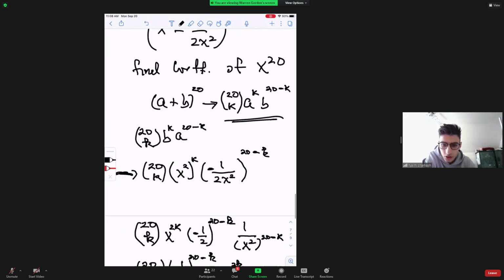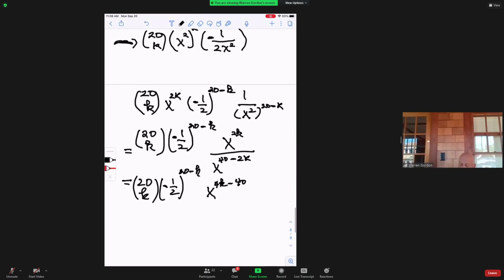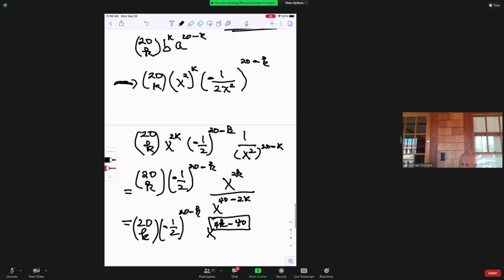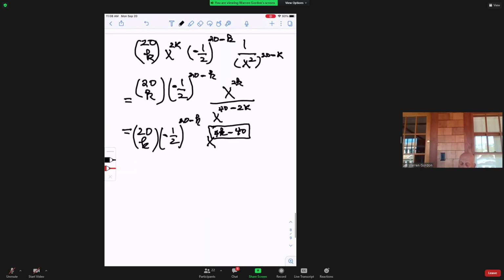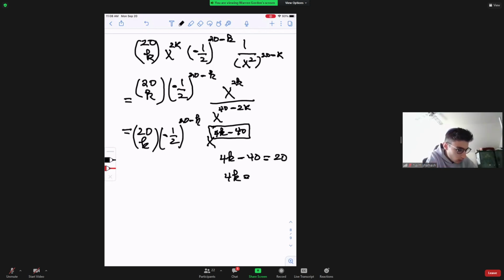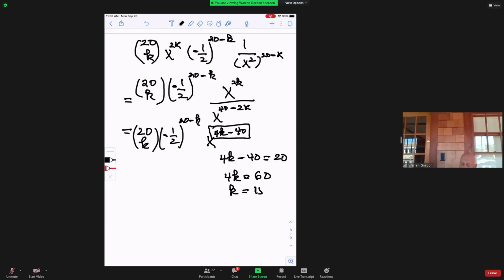Now I want this power to be 20, right? We want the coefficient of x to the 20th. So that means 4k minus 40 must be 20. So 4k is 60. So k is 15.